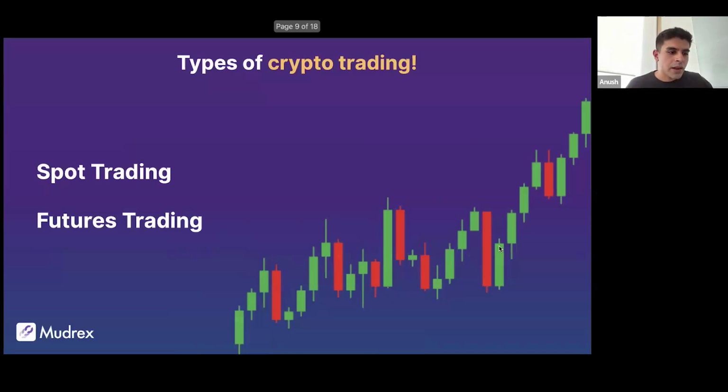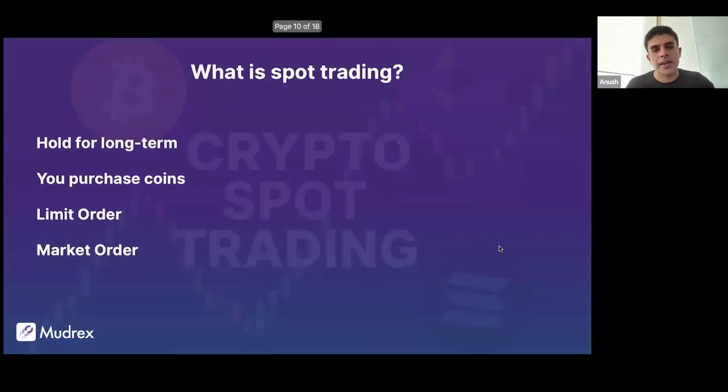Honestly, when someone says I trade crypto, that could mean a few different things. But broadly speaking, there are two main categories you should know about. There is spot trading and then there is futures trading.